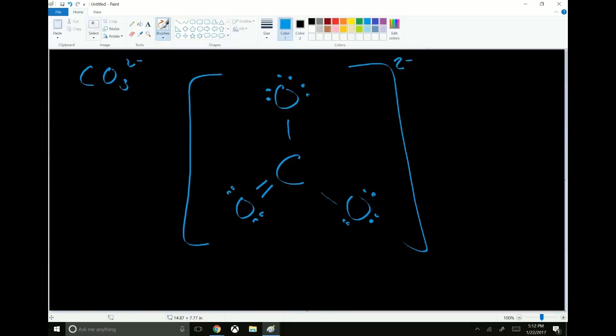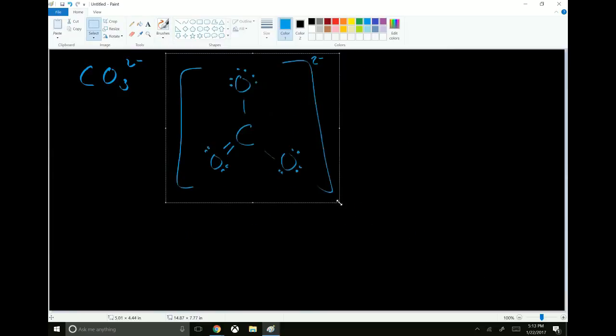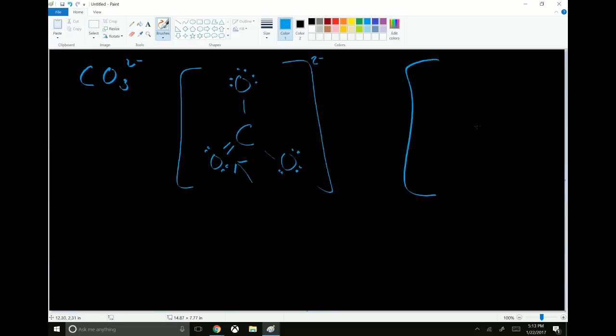And that is still absolutely true, because what actually happens is that you get resonance. And let me shrink this down a bit. Meaning that this double bond does not exist just on that oxygen. Instead, you get that, and you get this guy down here.